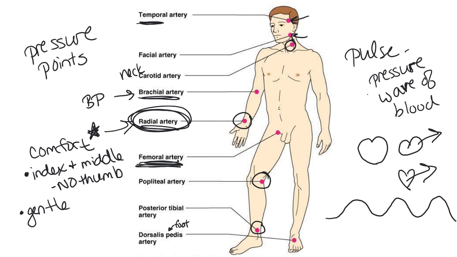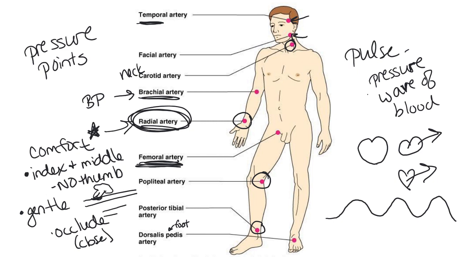If we push too hard, we will actually occlude, in case you see this word on the lab, occlude means to close. Here's our vessel that the blood is flowing through. When we push these fingertips down onto it, trying to take pulse, we're going to push the vessel down just a little bit.